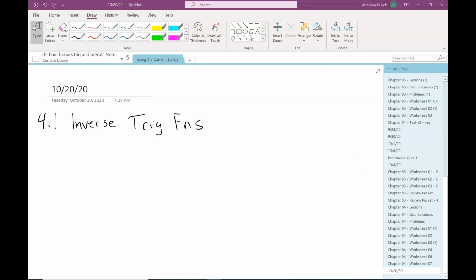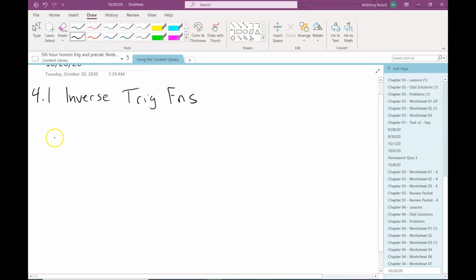Hopefully you guys remember a little bit back to your algebra class from last year about inverse functions in general. So let's just think about the function y equals sine x to start with.